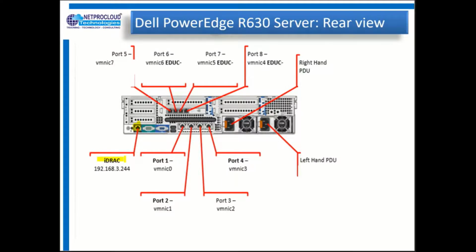This port is used to get the console of the server remotely. Next we have 4 NICs by default, built on the motherboard: port 1, port 2, port 3, and port 4. Apart from that, we have also installed a card over here, with a further 4 ports: port 5, 6, 7, 8.